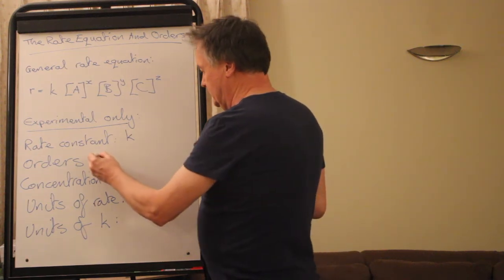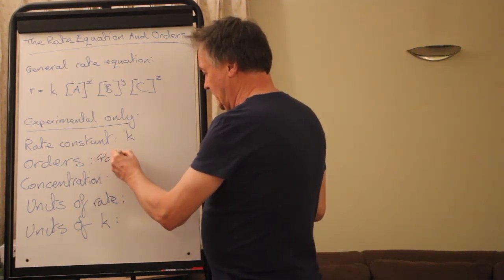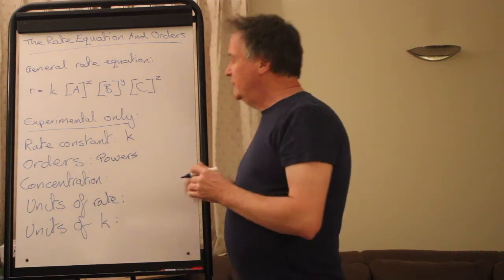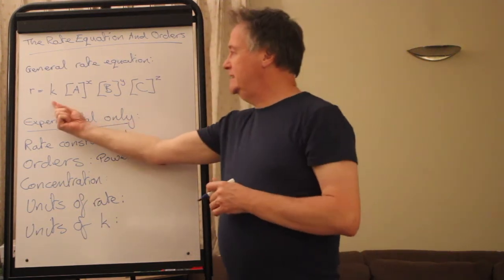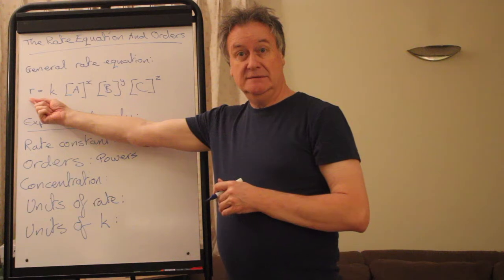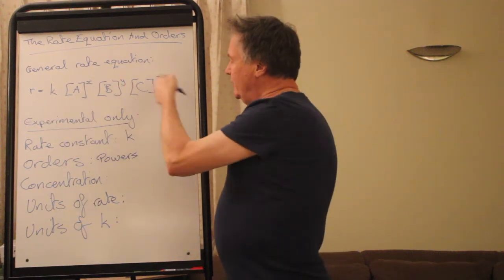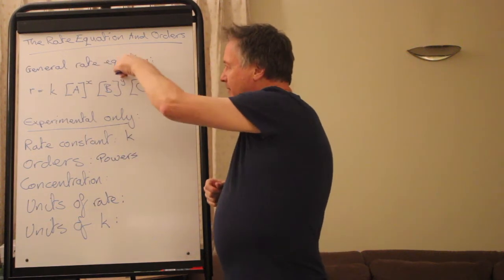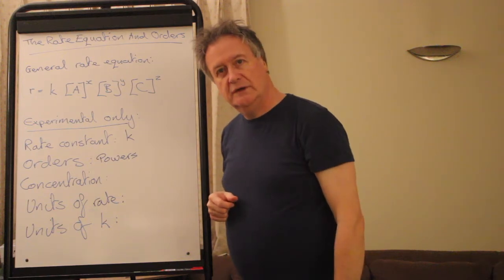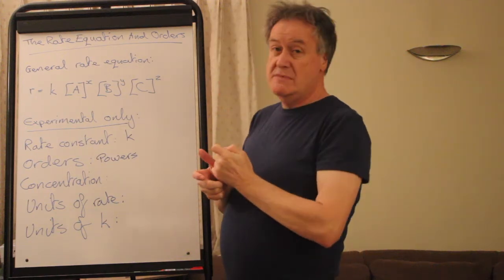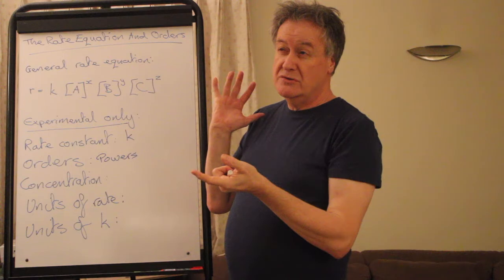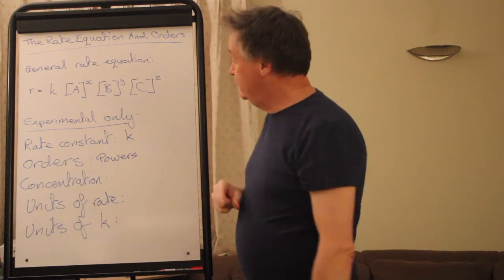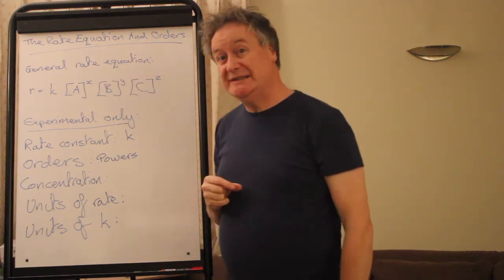Orders. These are the powers. So when you look at this rate equation here, there's the rate constant. That's the rate. The x, y and z, the powers up here, are the orders. Now in most reactions, you will find, firstly, the rate equation isn't that complicated.